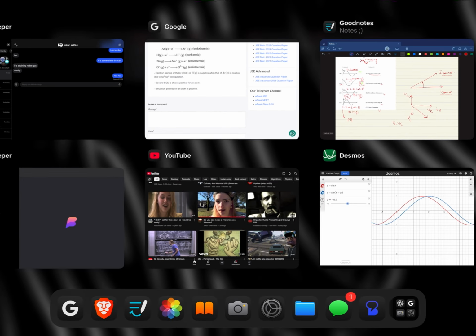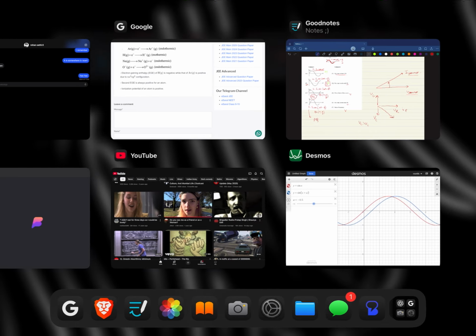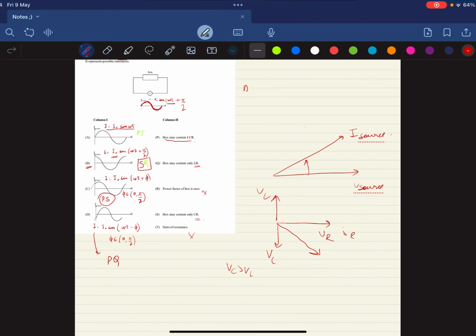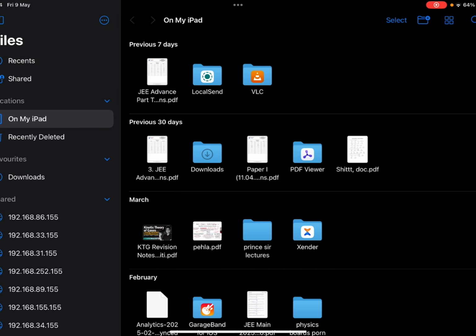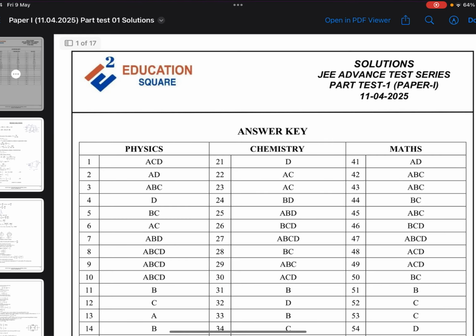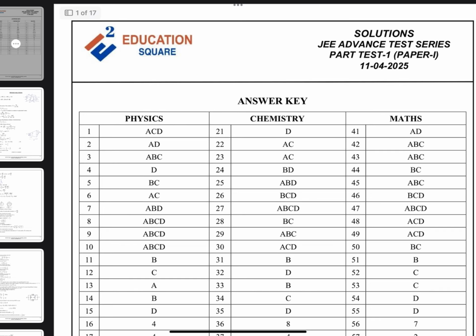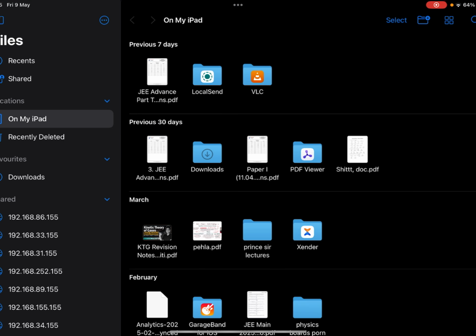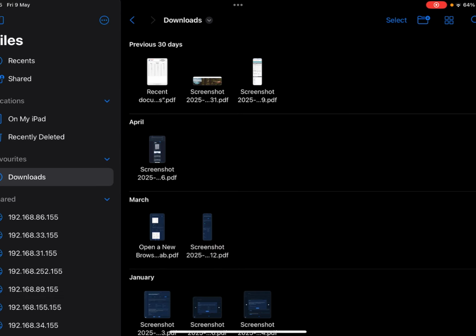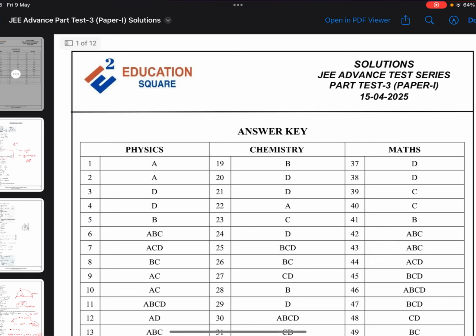So now let us see if what I have spoken is true or not. Let me fetch the answer key of this question. This is part test 1, paper 2. No, we don't have part test 1, paper 2.